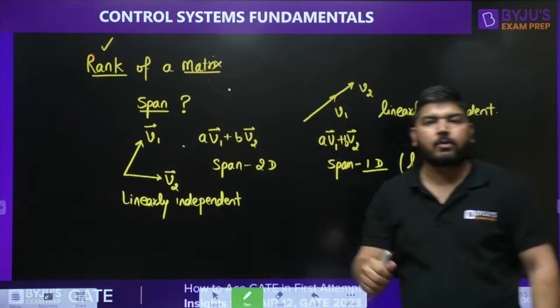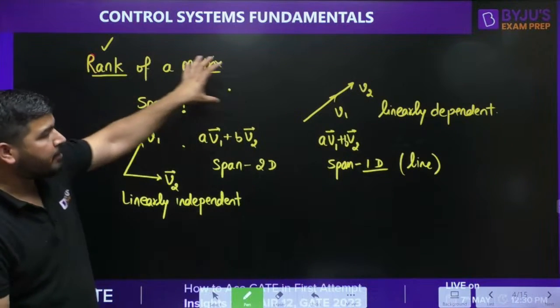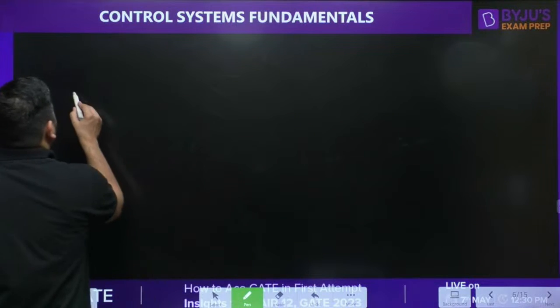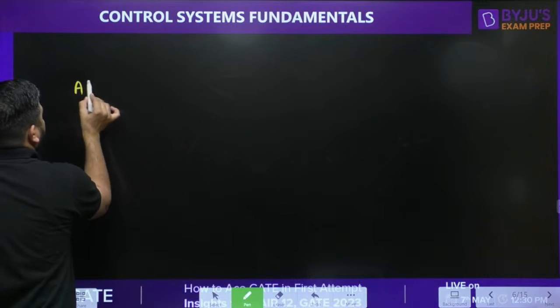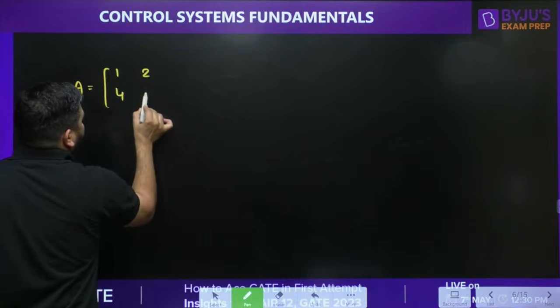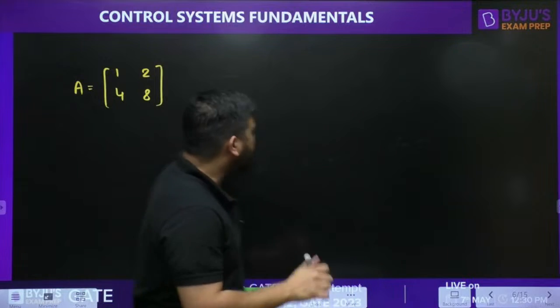If you know how to calculate the rank of a matrix, it means you know the span. Let's say I have a matrix 1, 4, 2, 8. Now this matrix represents two vectors.